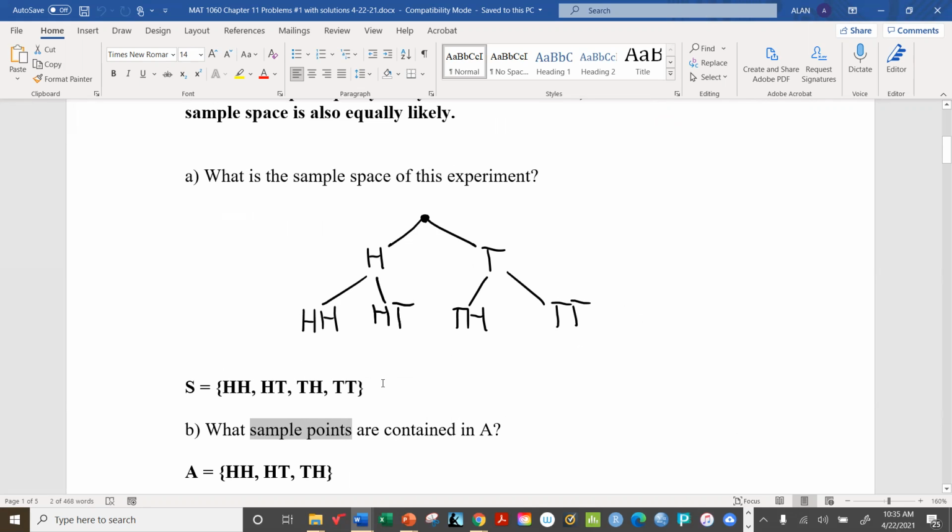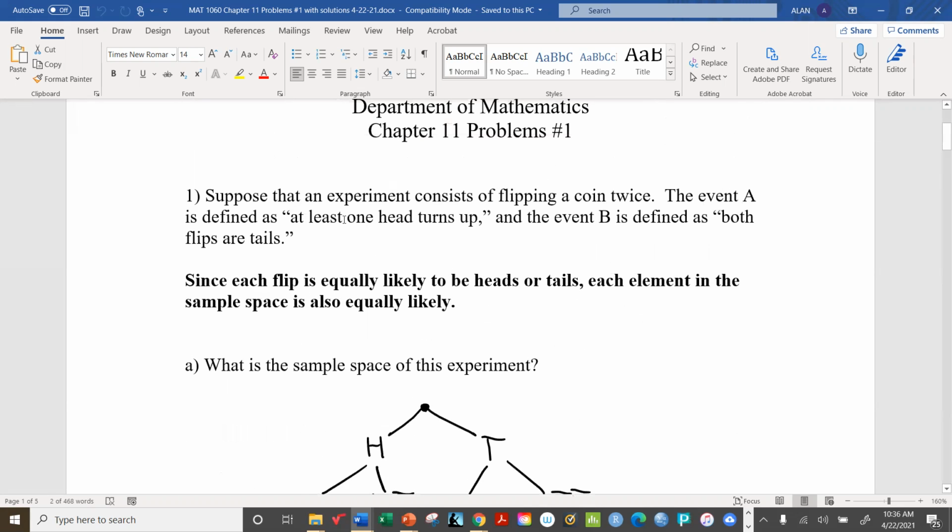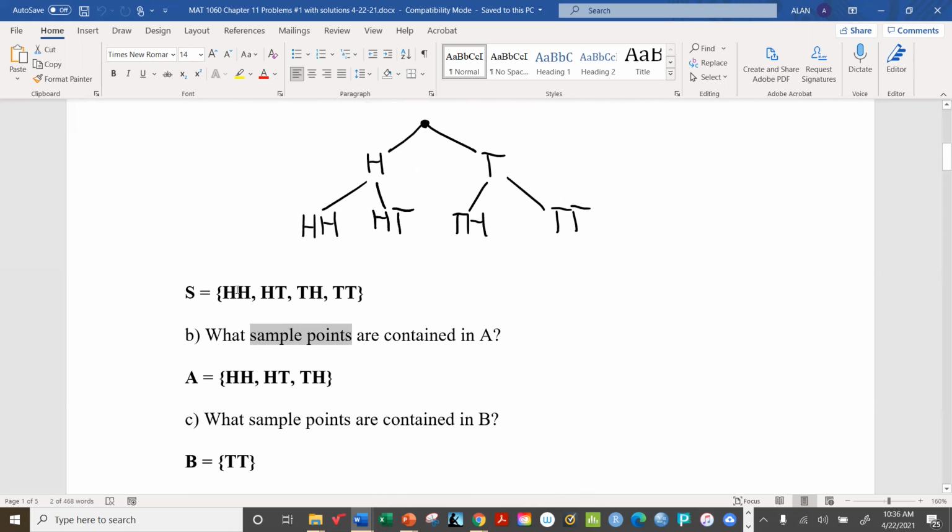So therefore, we want to know which points belong in A. Well, how do we know? Because we defined A to represent at least one head turns up. So basically, if you look at the entire sample space, you'll see that in the first three cases, we've got at least one head. It's only the last case with two tails that there are no heads.